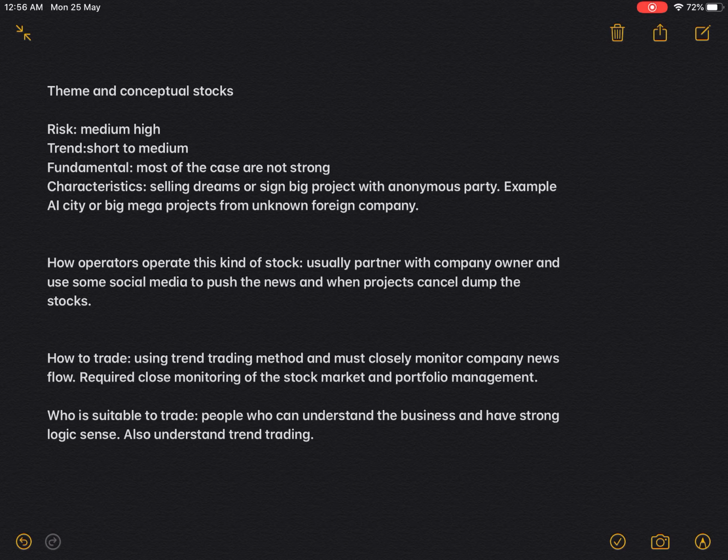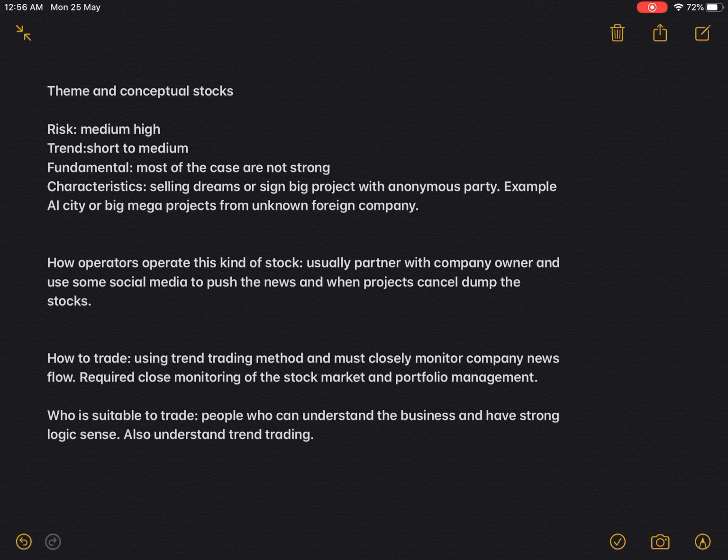Sometimes it can be construction counters, big mega projects, partnering with some foreign company which you don't know, which can be unknown, and sometimes can be fake. Okay, so they sell this kind of idea. I have a big mega project, billions, and it is going to have a ceremony of a signing of contract, MOU, or this kind of thing.